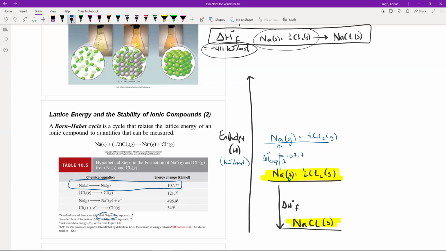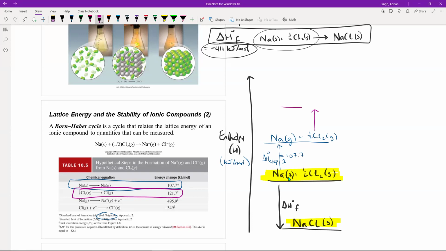The next thing we can do is take the half Cl2 and convert that into what we actually want, which is 1 Cl. That process also is going to require energy. And that is another value we can look up in our table, and that corresponds to the bond enthalpy of chlorine gas.